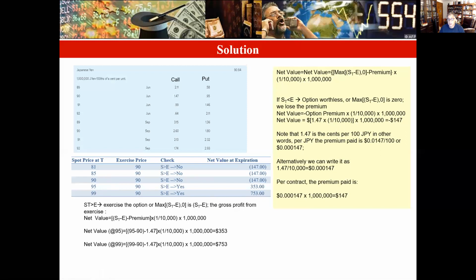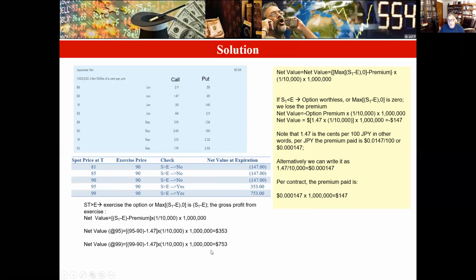That would give me a profit of $753 after the premium that I paid, which is 147. So in this case, exercising the option has a $900 value, but since I already incurred the sunk cost of $147, my net value is going to be $753.